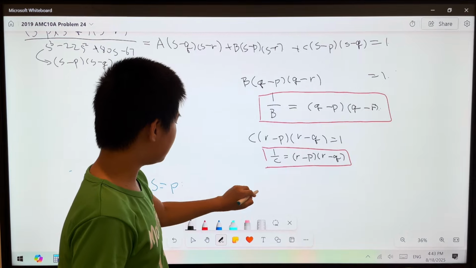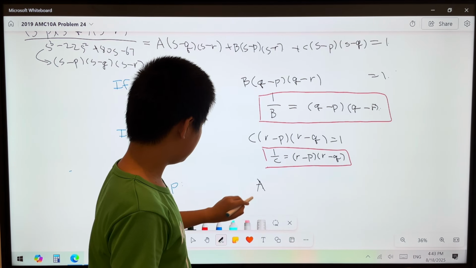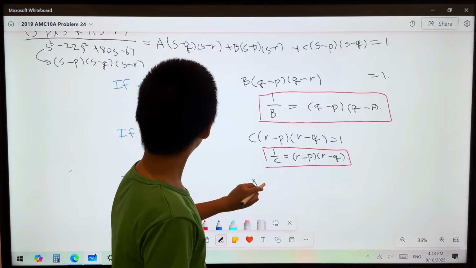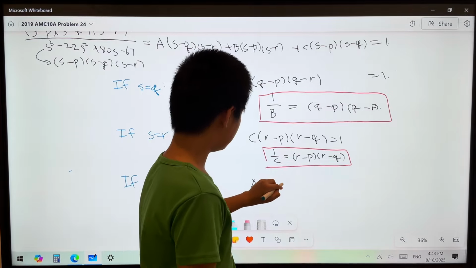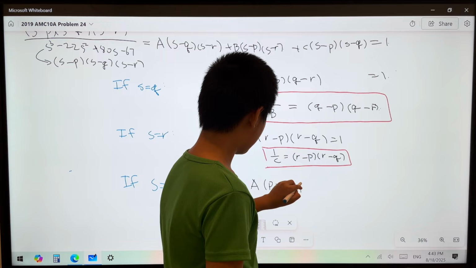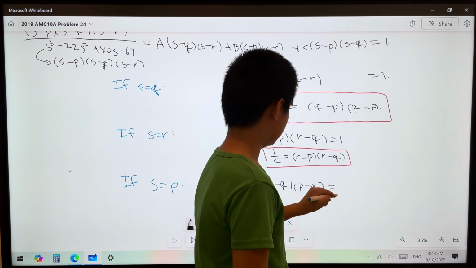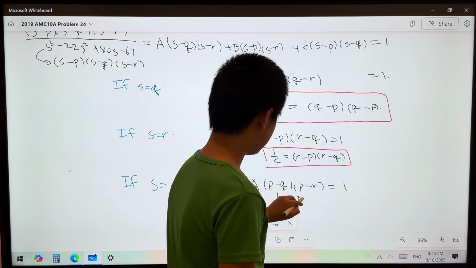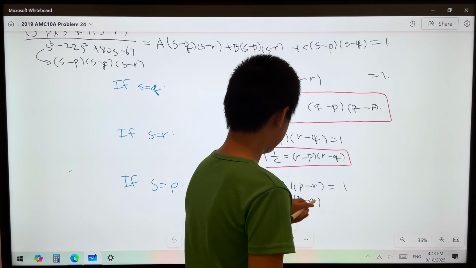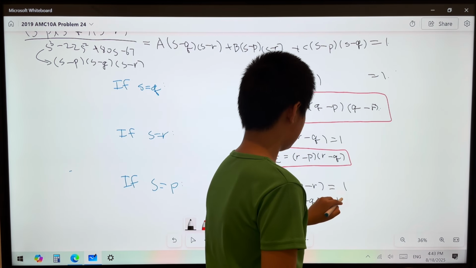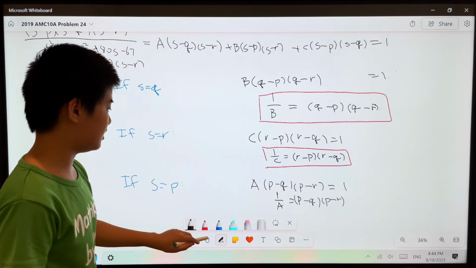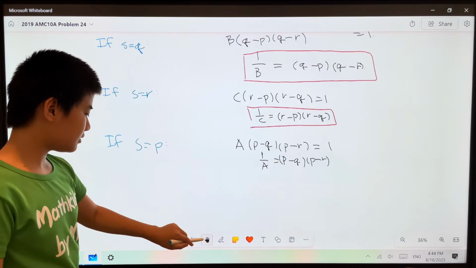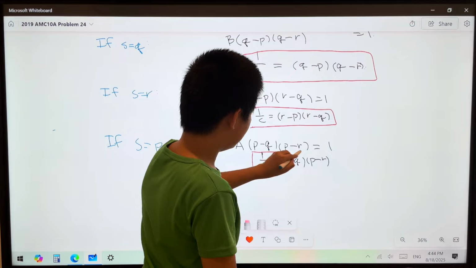That means we get a times p minus q times p minus r equals 1, so we get 1 over a equals p minus q times p minus r, which is the third step. So now we're almost there.